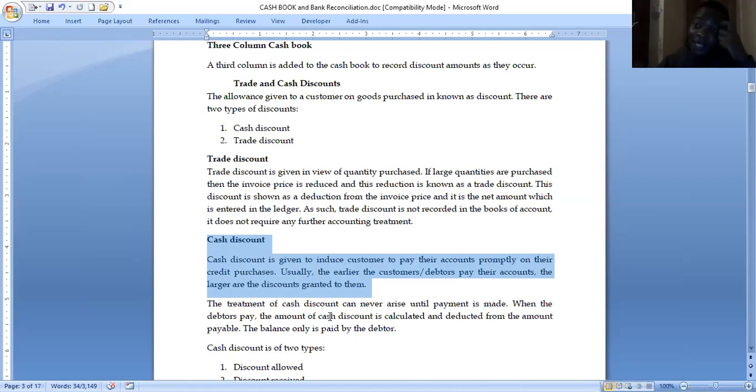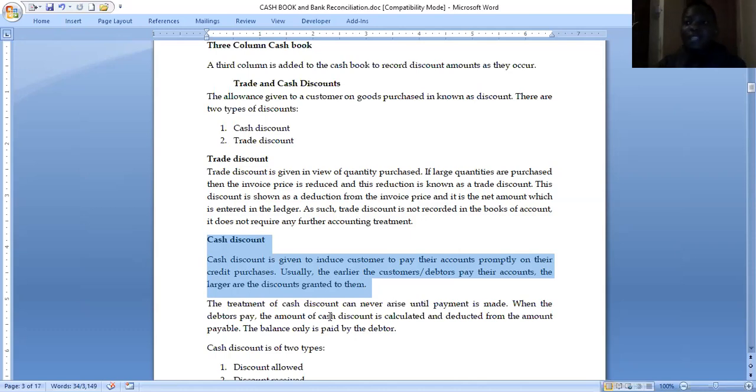But at the point of payment, you only pay 15 shillings. So in your cash book, you only credit 15 shillings. So there will be a deficit of 5 shillings. This 5 shillings has to be accounted for, and it will be accounted for as a discount received.